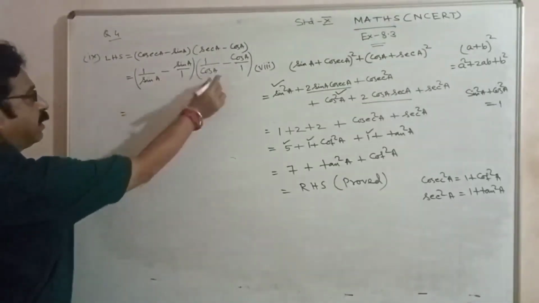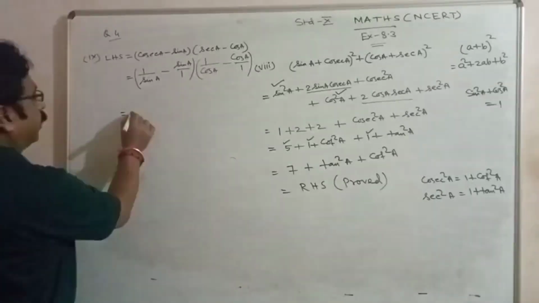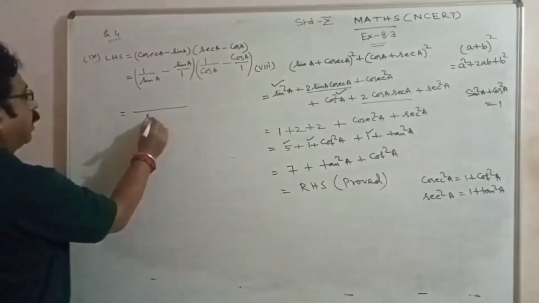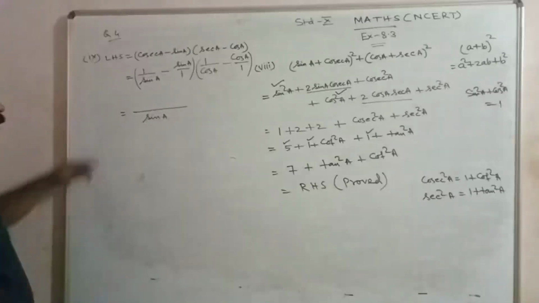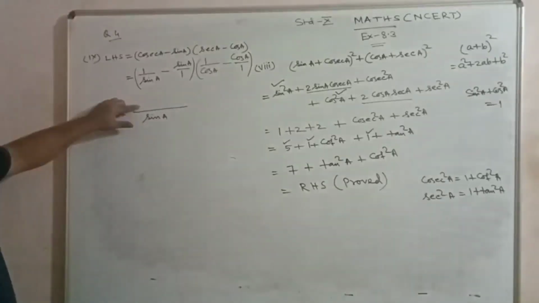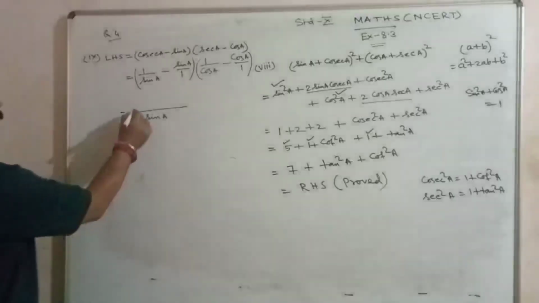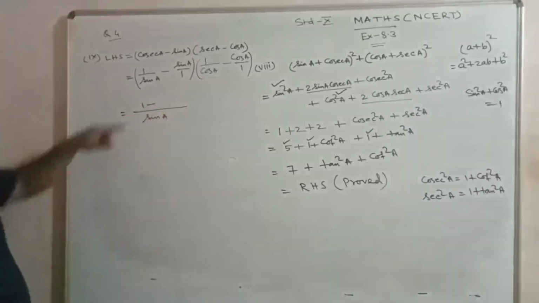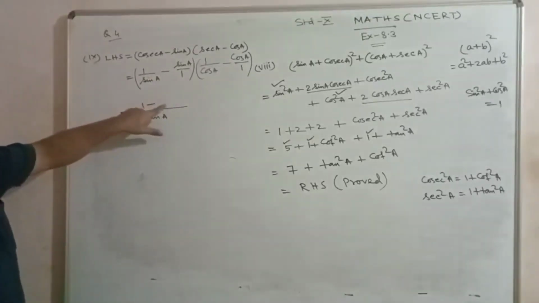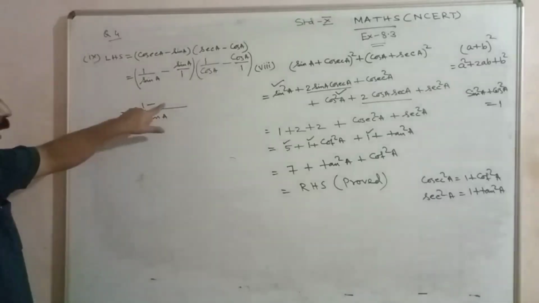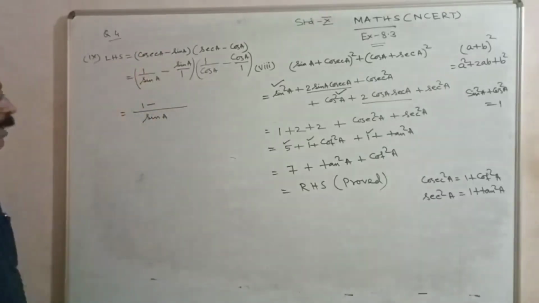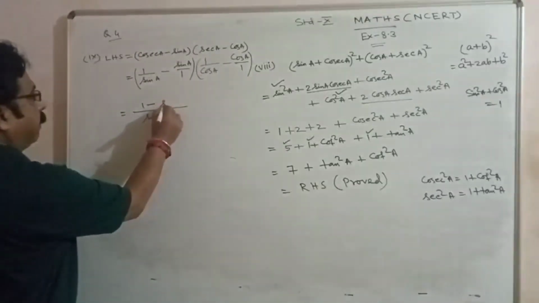Fractional addition, here also we are doing sin A. Sin A into 1 is sin A. This 1 into numerator 1 means 1. 1 into sin A will be sin A. This sin A into numerator sin A means sin square A.